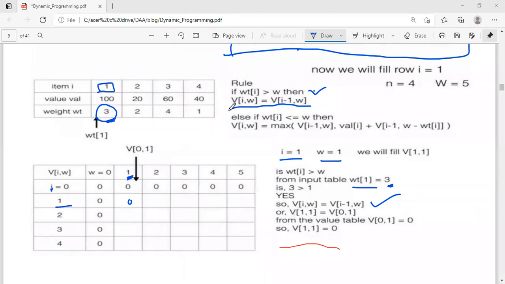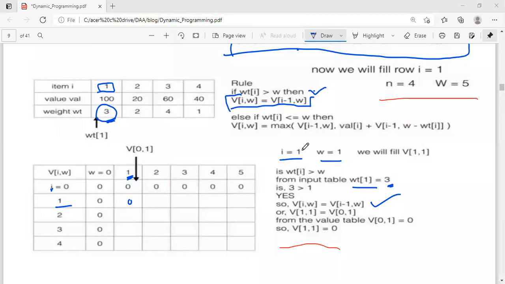We need to perform this operation: V of I comma w is equal to V of I minus 1 comma w. So this formula we need to implement.